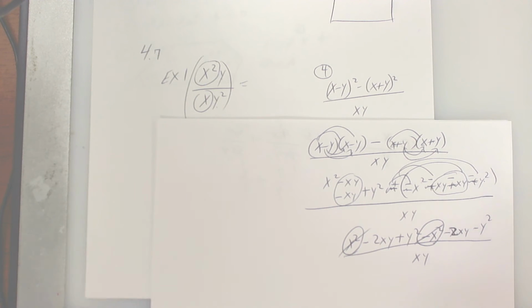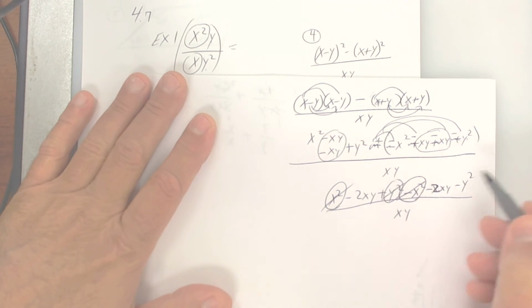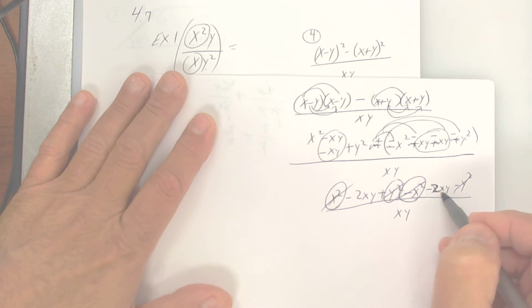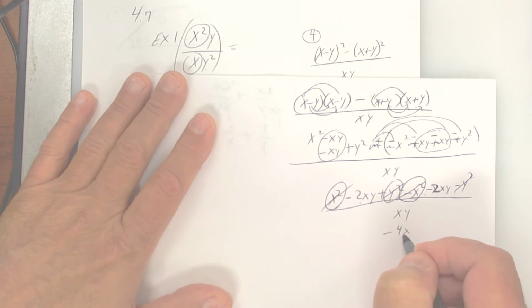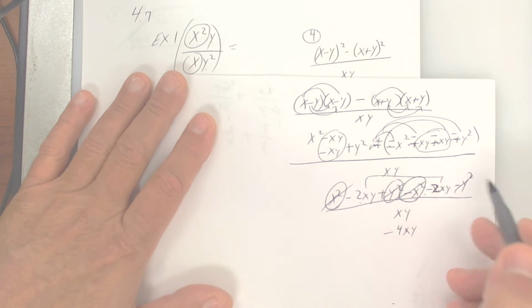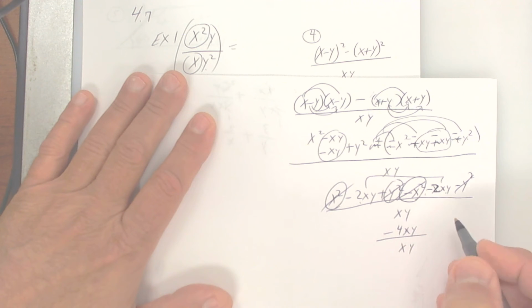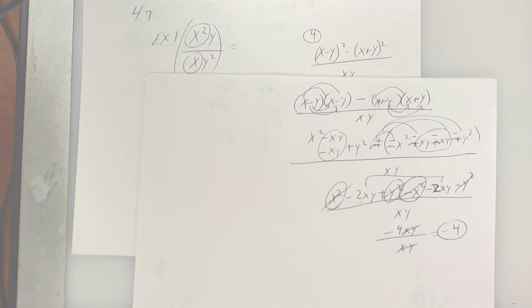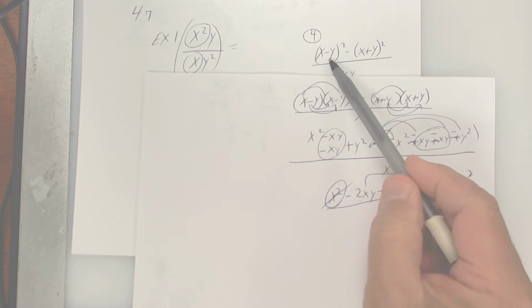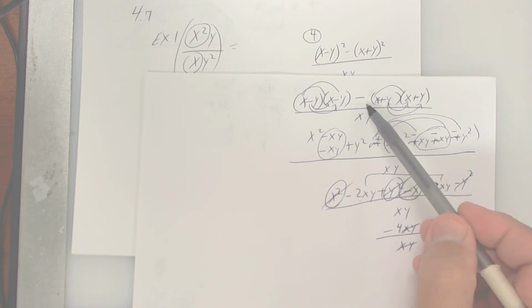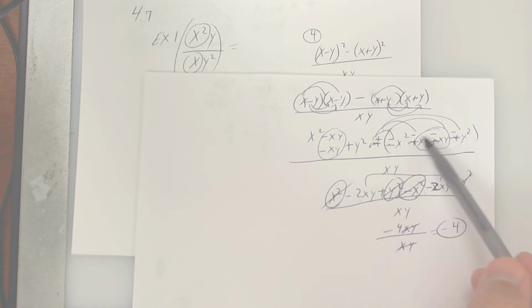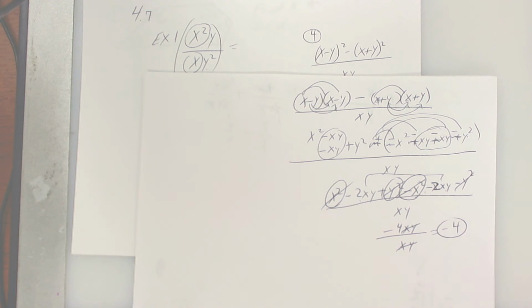Okay, so the y squareds cancel. So you're left with a negative 4xy when you combine this one and this one, all divided by xy, and the xy's cancel and you get negative 4. And that's how you do that. Okay, so first you do FOIL, then you distribute the negative sign, then you combine like terms, and then you try to break it up.